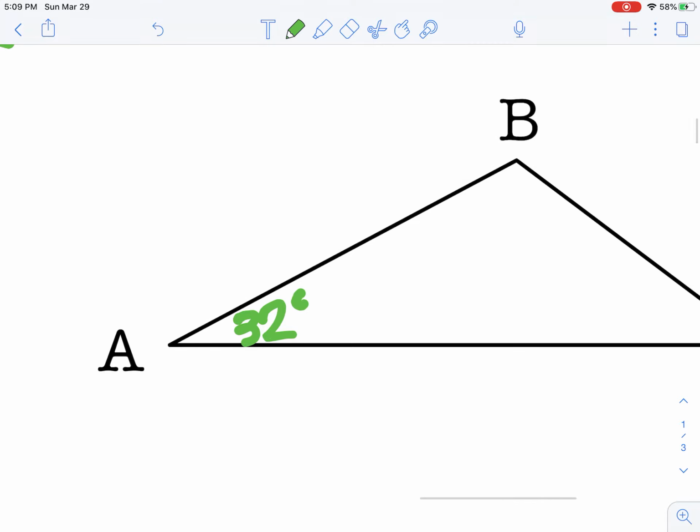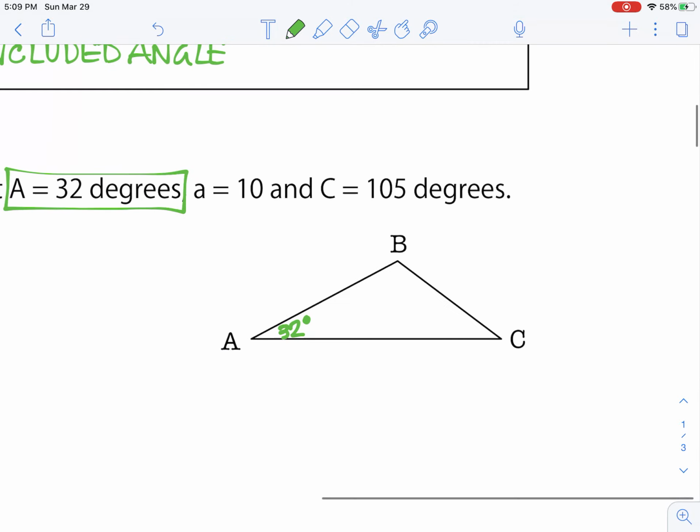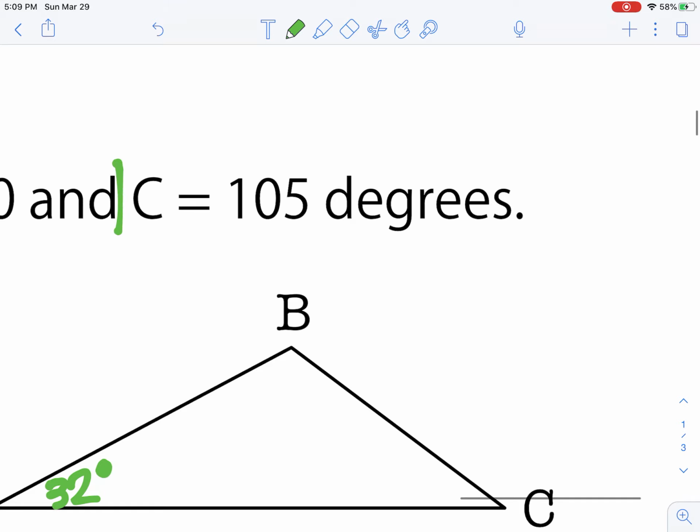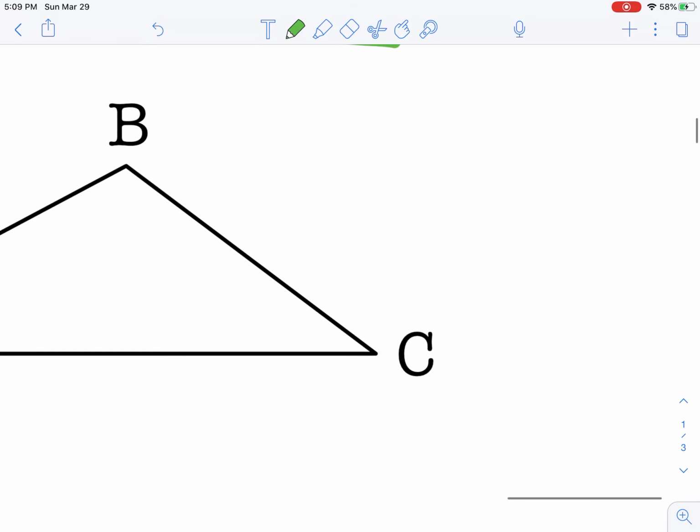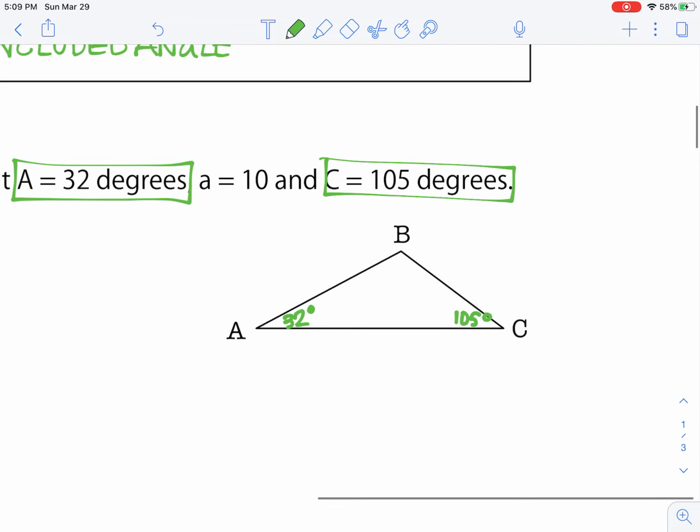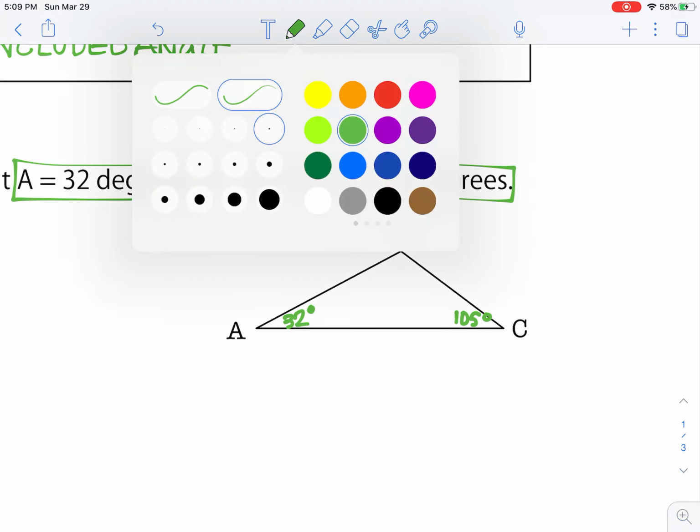This angle here is 32 degrees. And angle C is 105 degrees. And if we needed to find the third angle, the three angles in a triangle add up to 180.